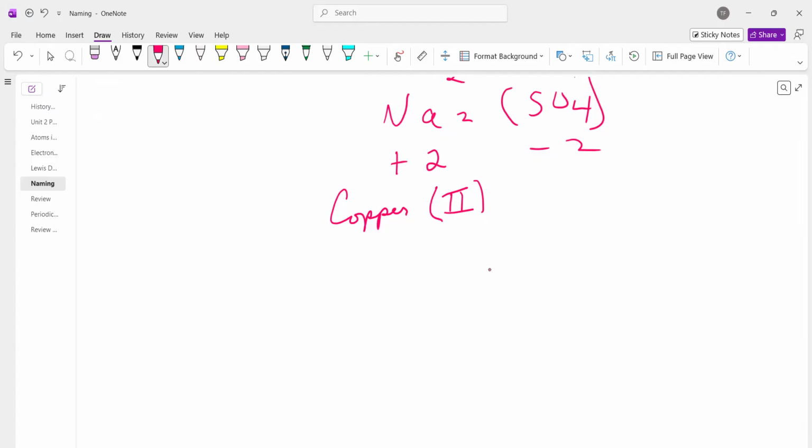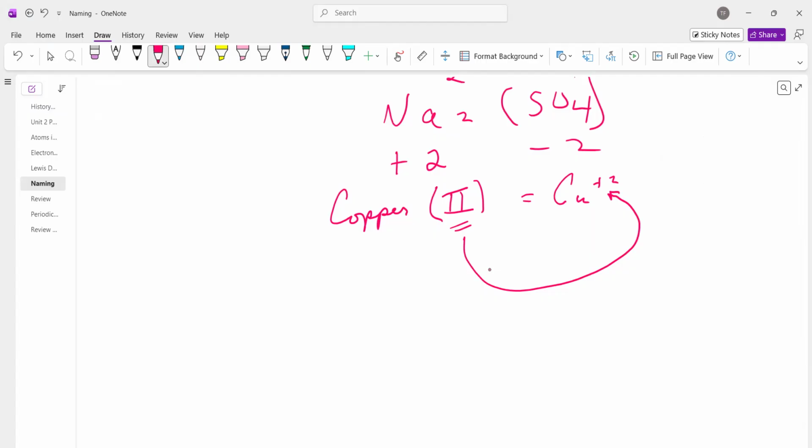And you need to know those when you're naming cations, because that denotes the charge. Okay, copper 2 is the same as copper plus 2. So the 2 here refers to that plus 2 charge.